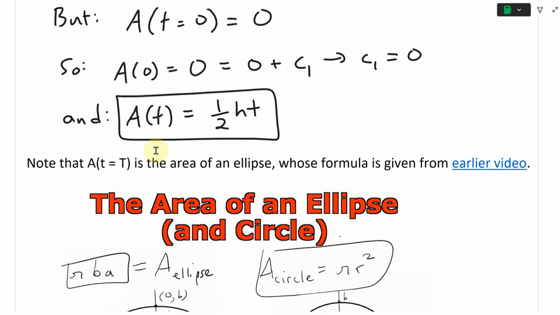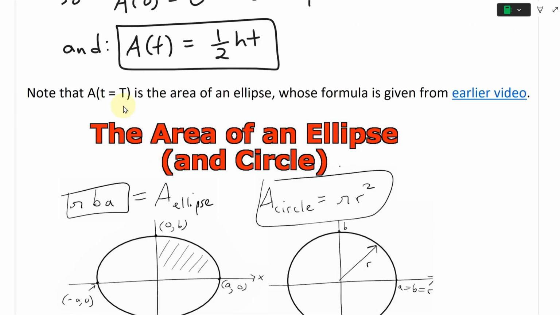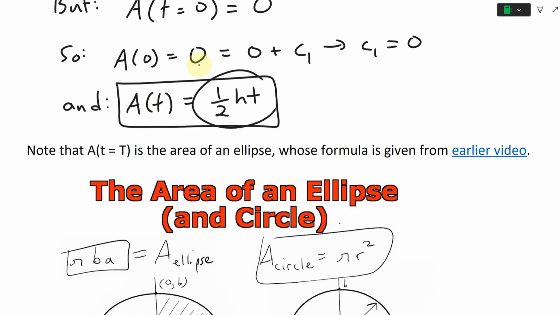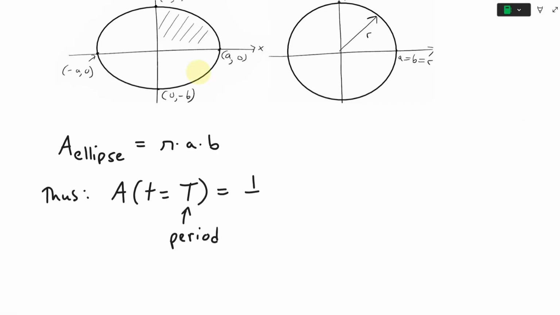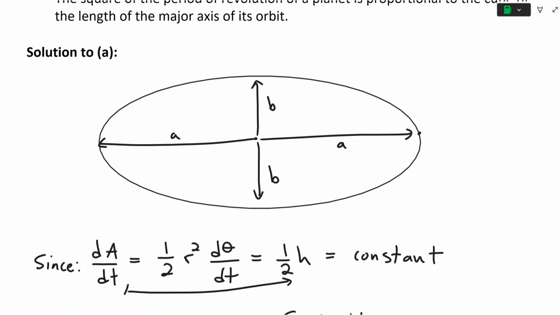So this is going to equal, well, first I'm going to write this out. We know it's going to be A of t, so 1/2 h t, but then we put a capital T there. So this equals 1/2 h capital T, and now this equals pi times a times b, where a and b are these lengths right here. This is a at a, 0, and this is b at 0, b, like that.